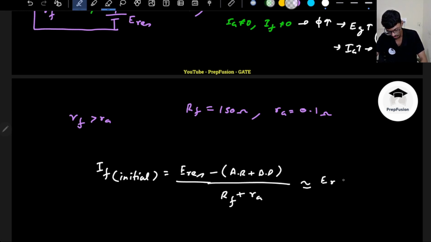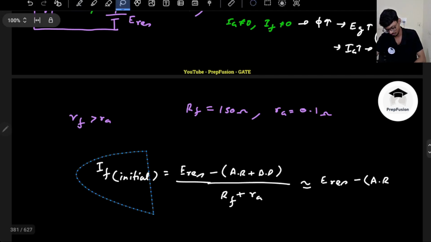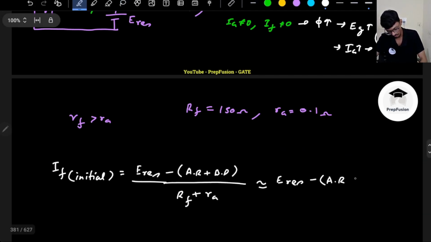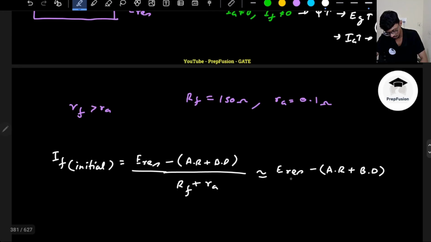So it is E residual minus armature reaction plus brush drop divided by RF only, because RA is almost negligible.